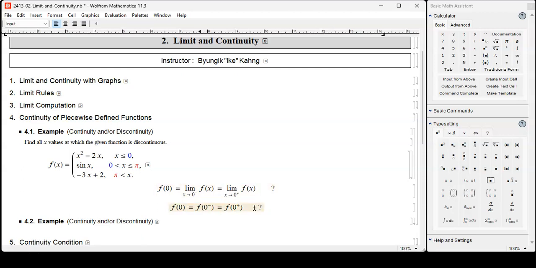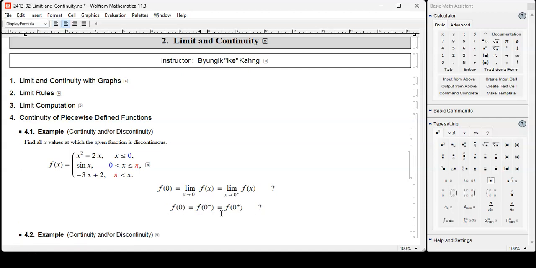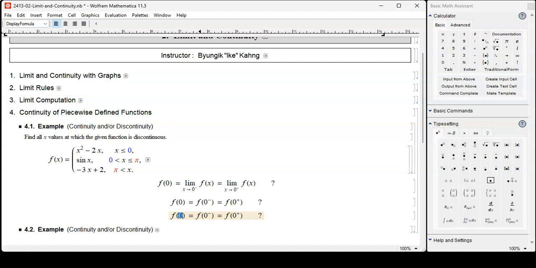So we are going to find these three, and if they're the same, then we have continuity. If any one of them is different, then we have discontinuity. And we have to do the same thing at pi. So here we go: f of pi, f of pi minus, f of pi plus. Again, please remember pi minus is just the left-hand side limit, and pi plus is the right-hand side limit. Just a shorthand, okay?